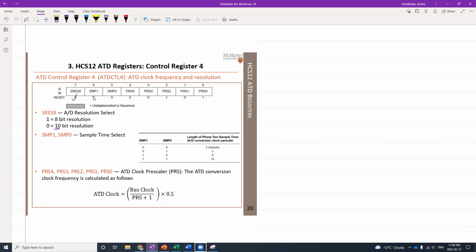And also you have some other bits, from bit 4 till bit 0, from here to here. These are all going to be for the prescale for the clock. So you need the external oscillator, of course, that's available in the lab. So based on that, you can use them for the clock.